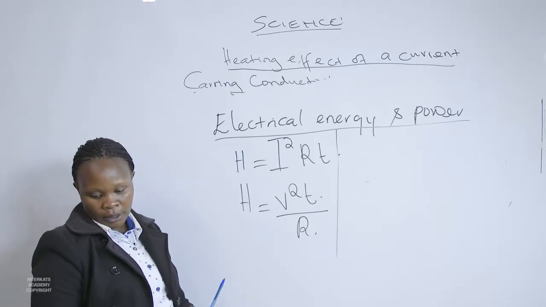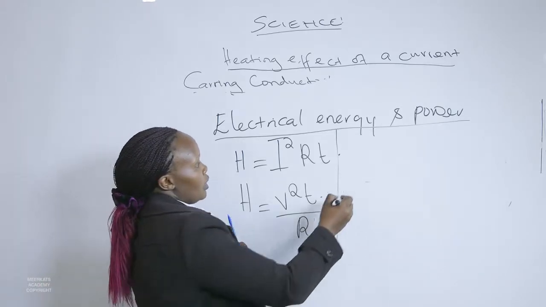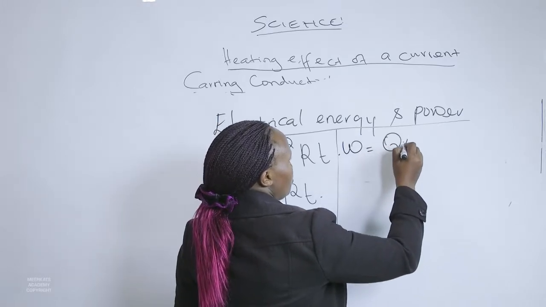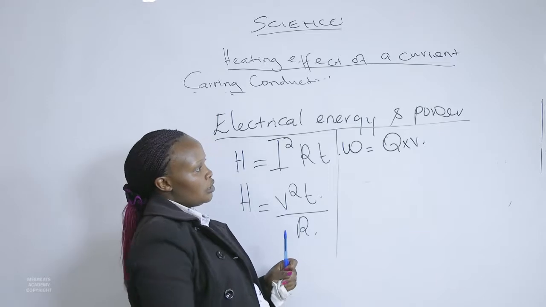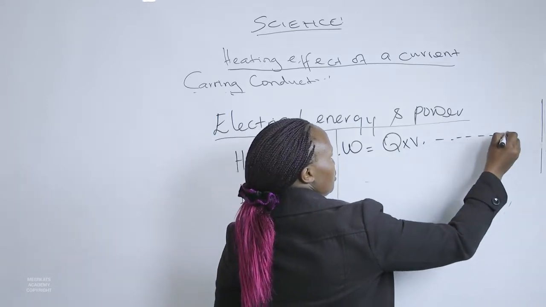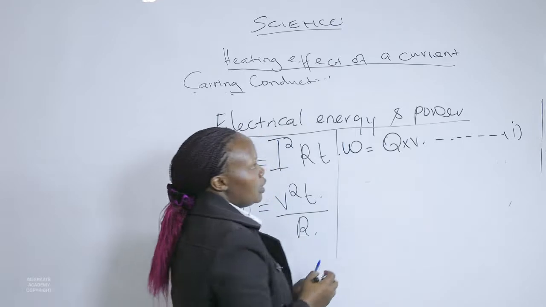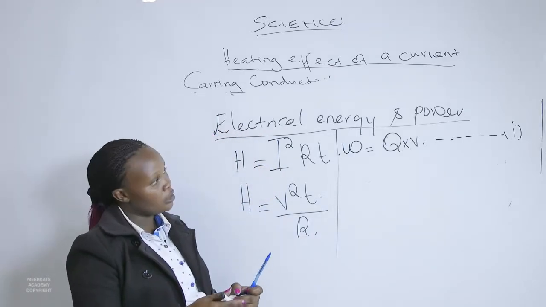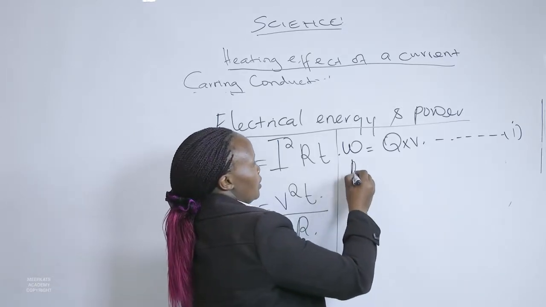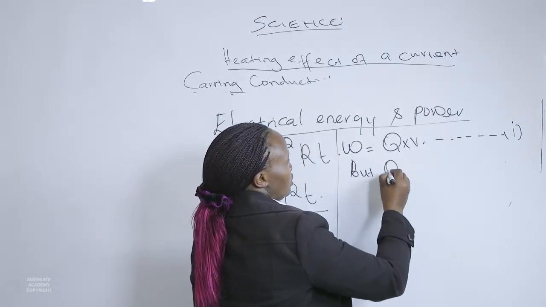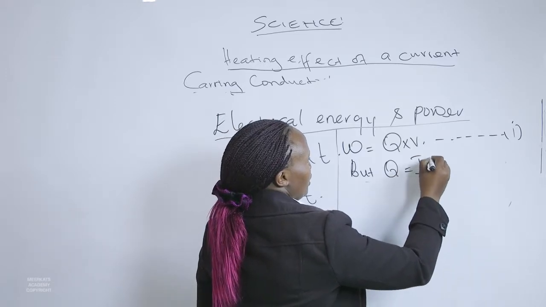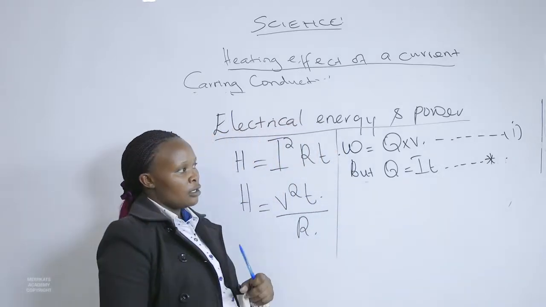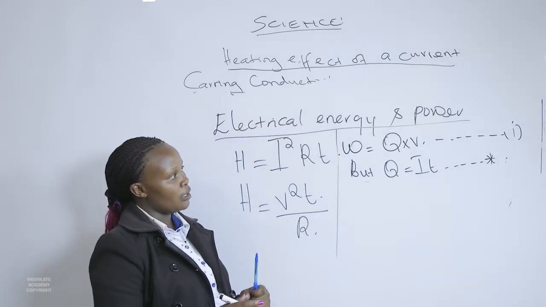Now, for number one, we note that work in itself is given by charge multiplied by voltage. This is where I want us to begin. That work is given by charge times voltage, but charge is given by IT. You can call that one star 1.